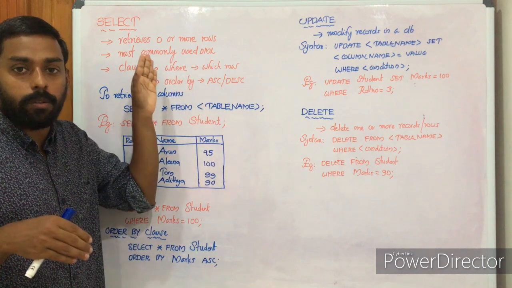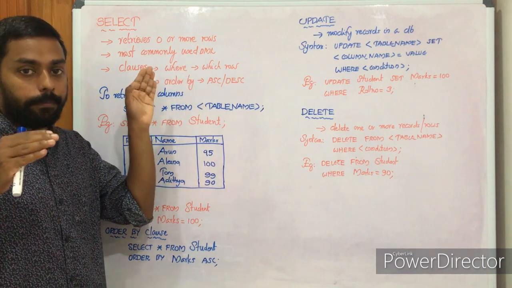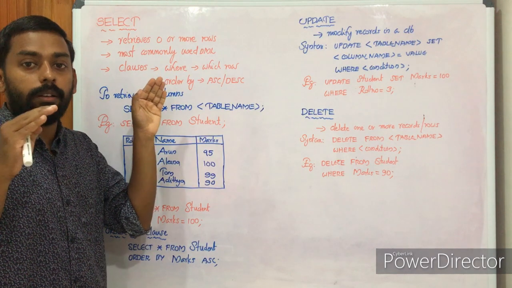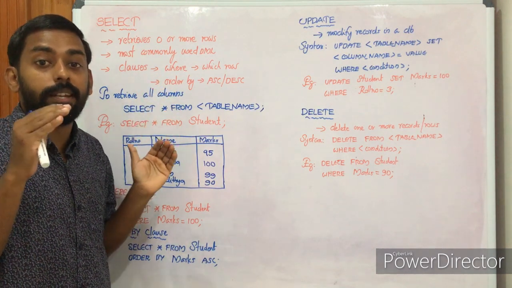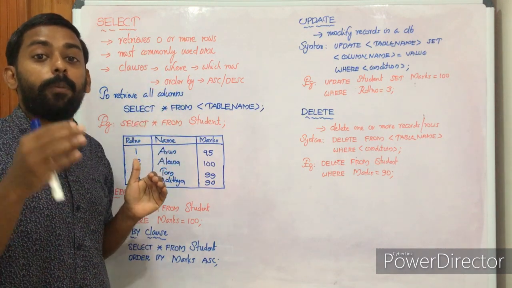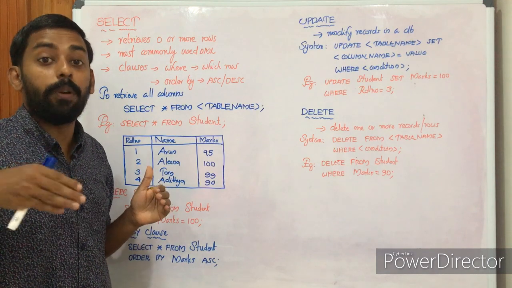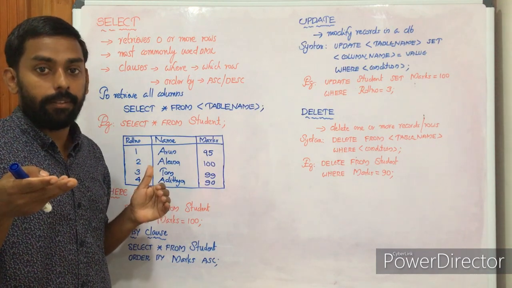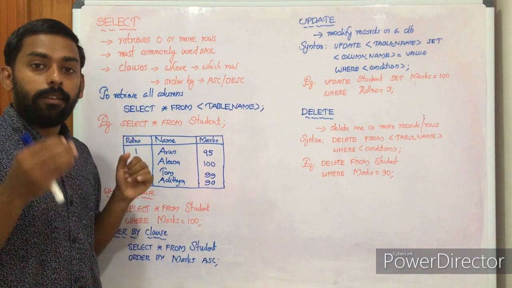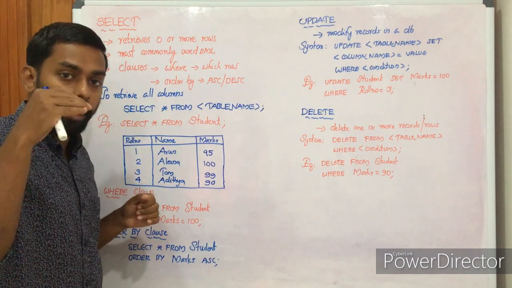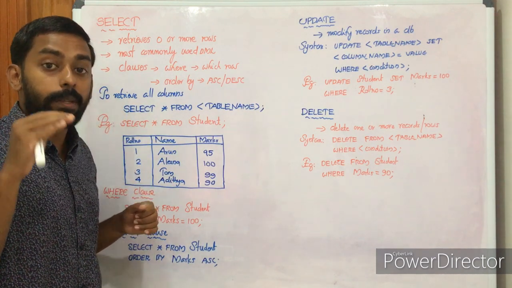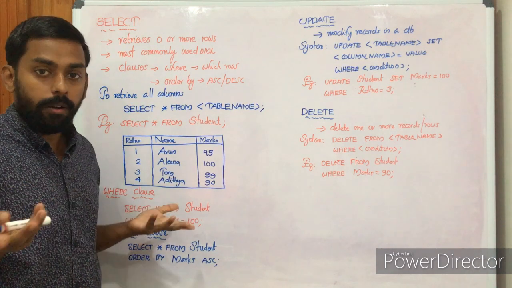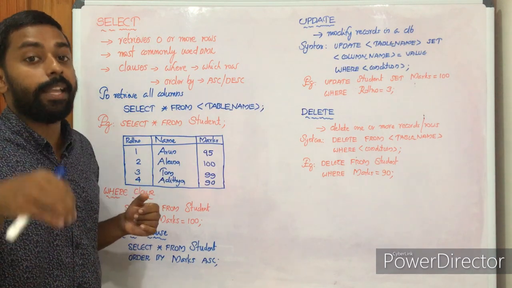So these are the 2 clauses used with the select statement. Where is used to restrict the number of tuples to be displayed. Order by is used to make the retrieved records appear in a specific order, either ascending or descending, increasing or decreasing.